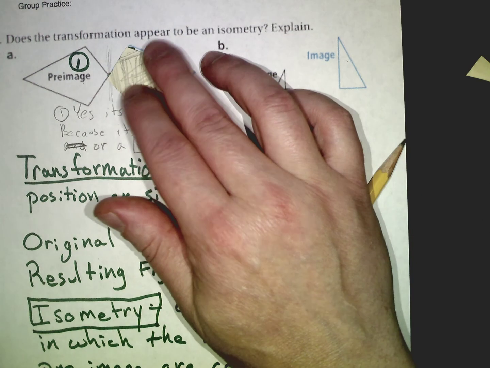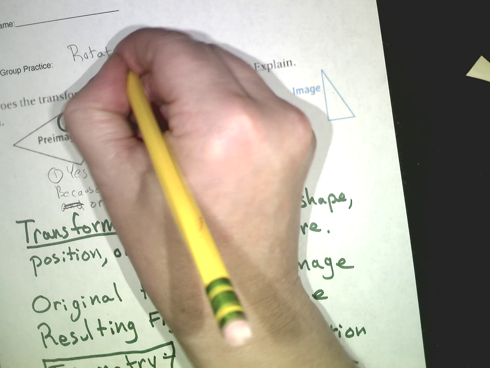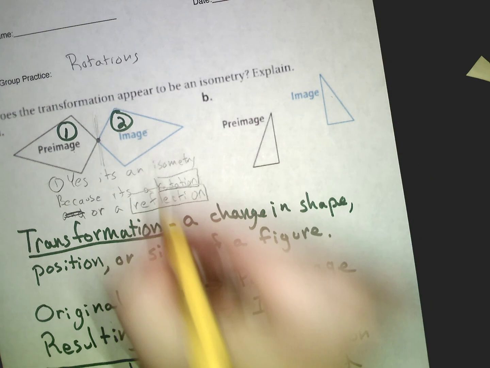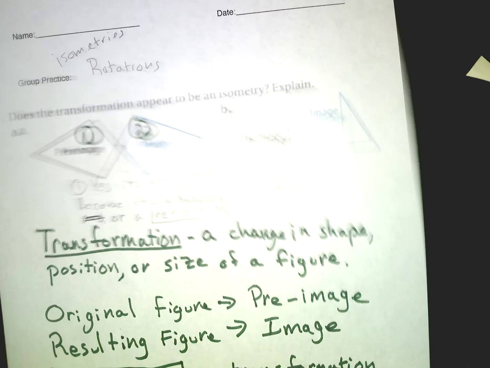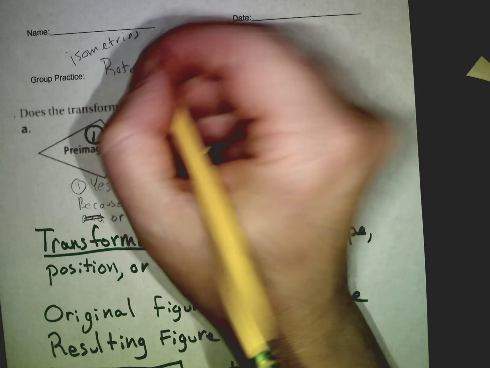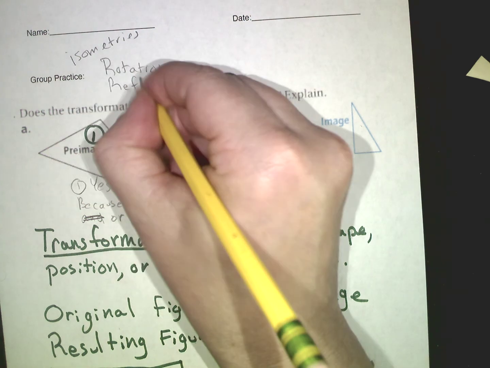Perfectly flip back over here. So you just flip and flip. Rotations are isometries. Reflections are isometries.